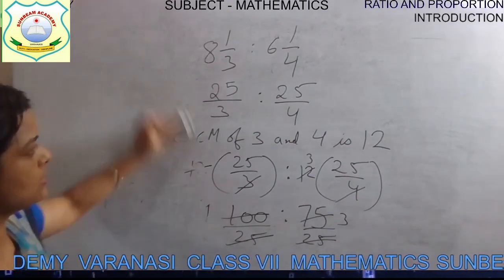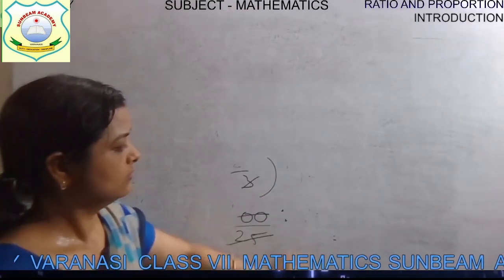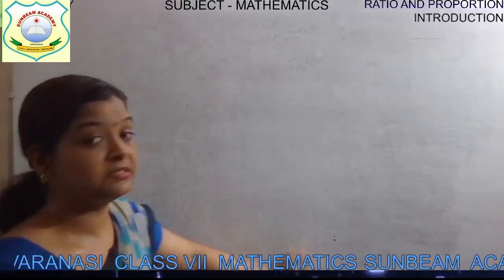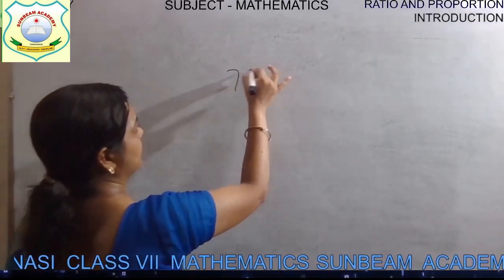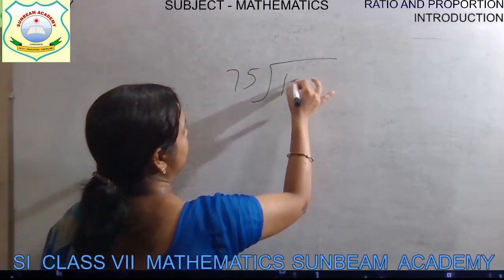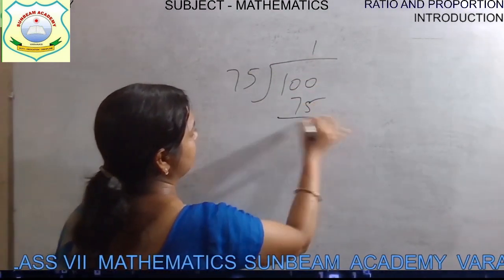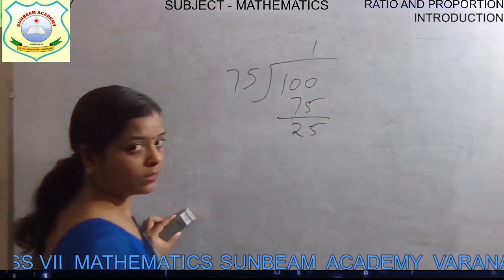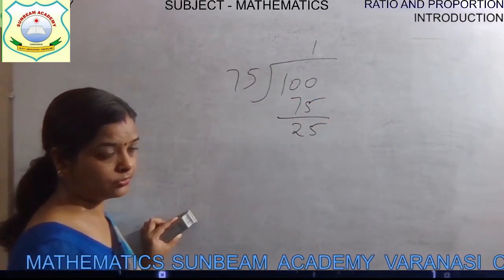And earlier you have seen how to find the HCF. In previous classes also you know how to find the HCF. The faster method is the division method. Okay. 75, 100. Finding HCF. 75, 25 is left. We will solve till we achieve remainder 0.